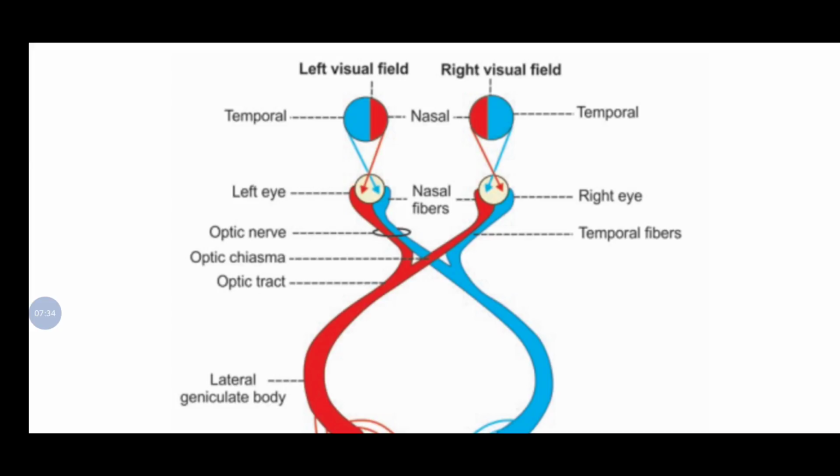Now fibers of the optic nerve originating in the temporal half of the retina, they continue. See, red is continuing in the same direction as you are able to see. Try to see, the red is continuing, if I talk about the left eye.